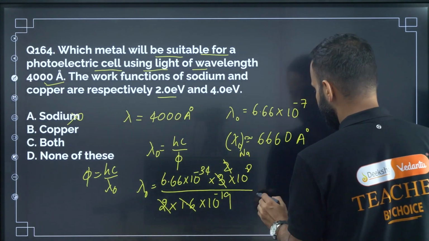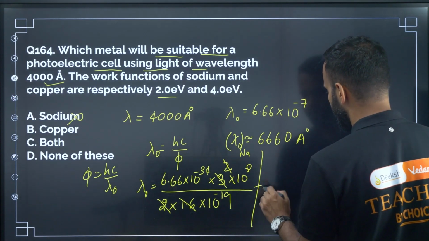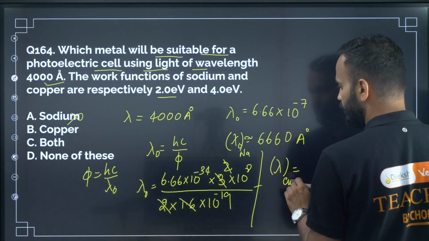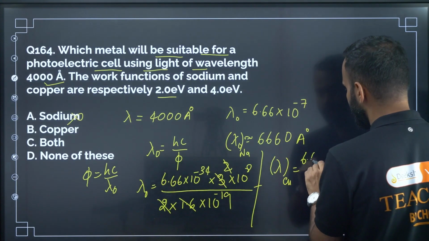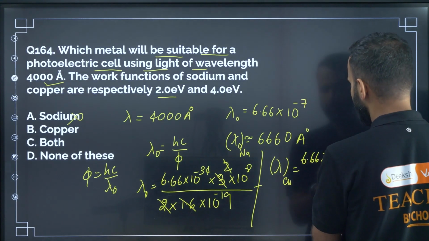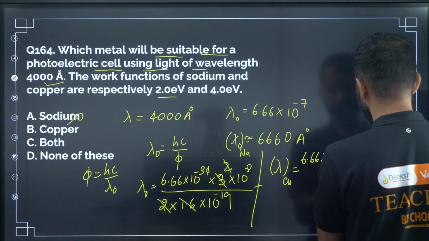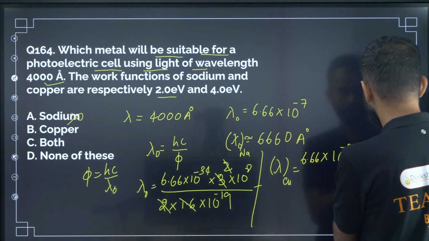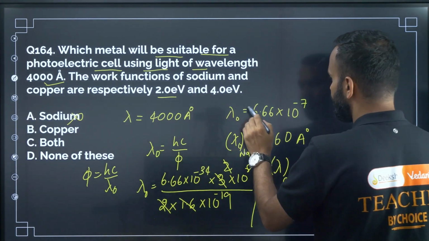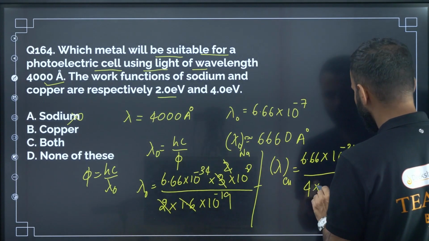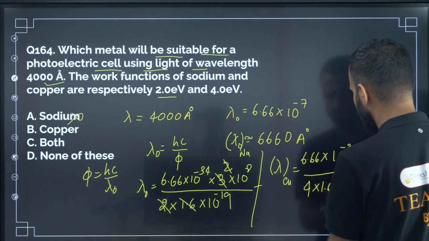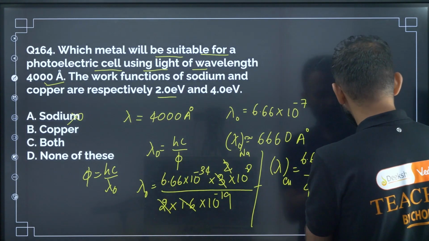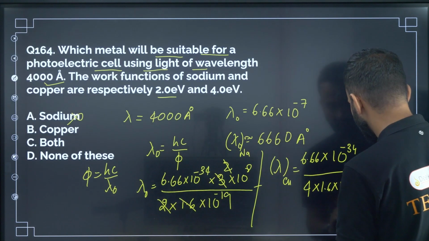So for copper, lambda Cu is equal to Hc, that is 6.66 into 10 to the power minus 34 into 3 into 10 to the power 8 divided by 4 electron volt, that is 4 into 1.6 into 10 to the power minus 19. Anyway, this will be 10 to the power minus 7.